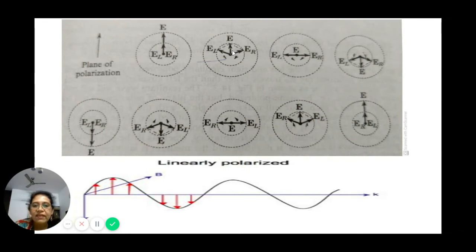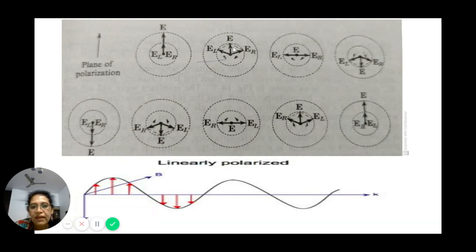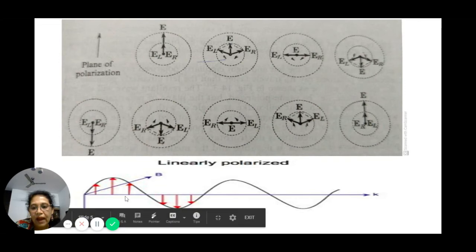In the next case, the electrical vector ER has rotated a bit and EL has also rotated by the same amount in the anti-clockwise manner, and thus the vectorial addition of these two has decreased. You can see here it was so big and here it has decreased. Now this particular point is represented here in the waveform by this line. If you see the center line, the resolution has come at this point.